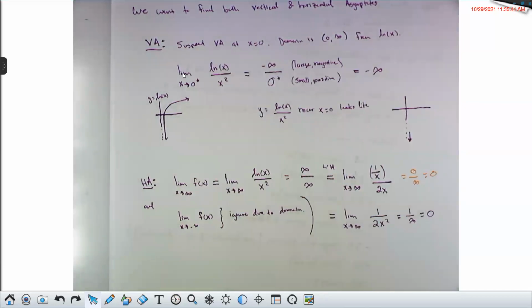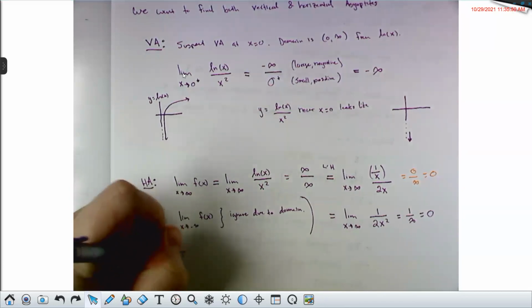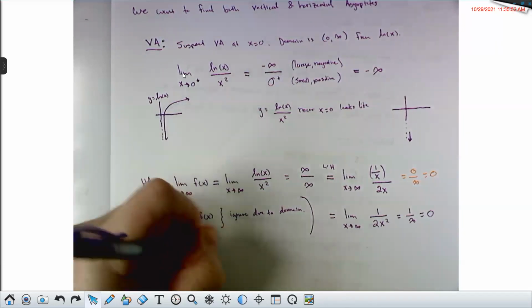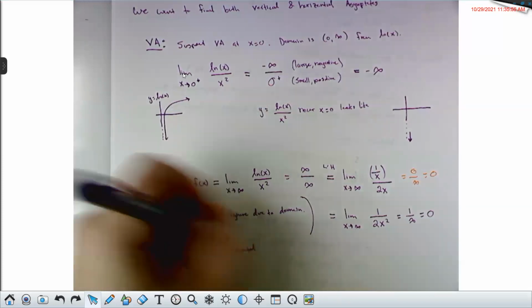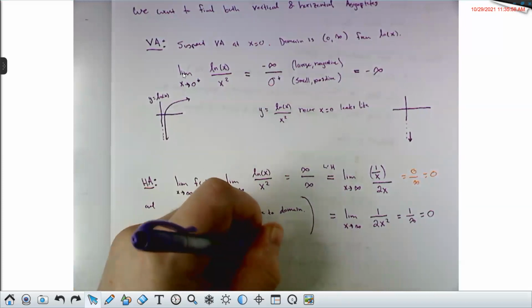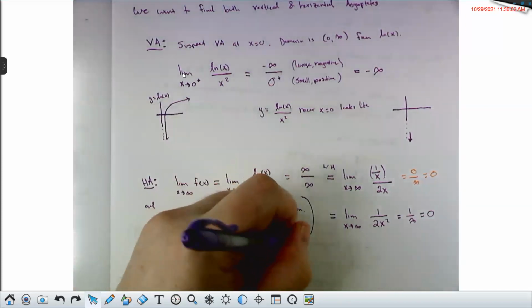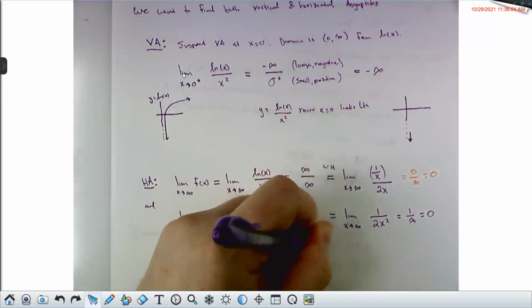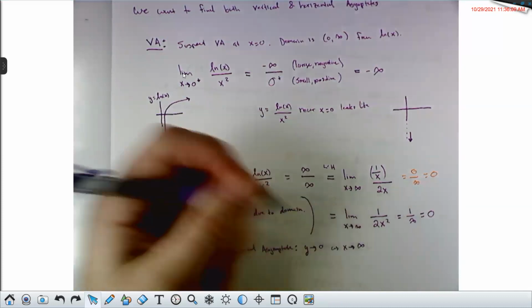Either one's fine. So we do have a horizontal asymptote. Y goes to 0 as x goes to plus infinity.